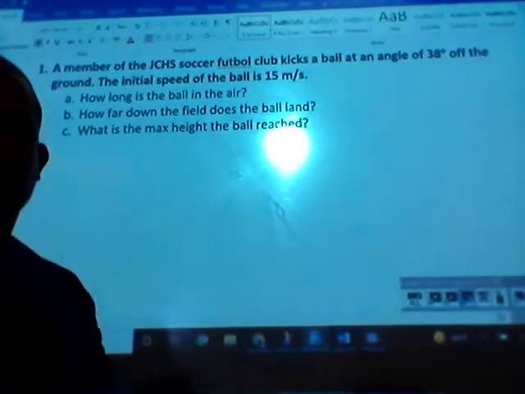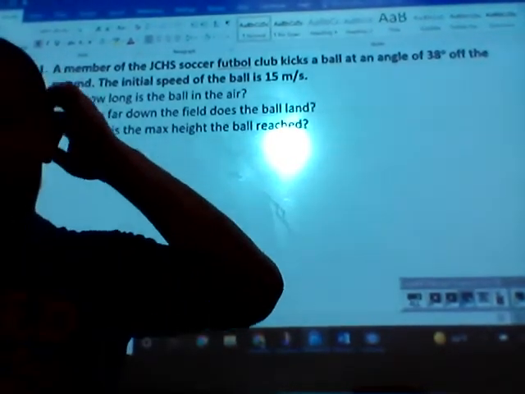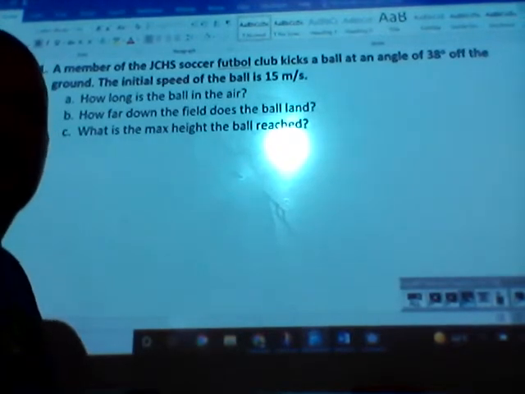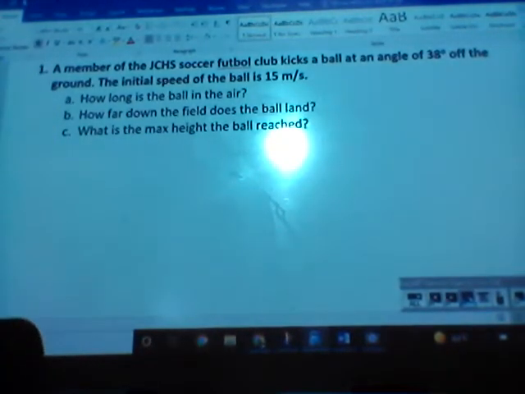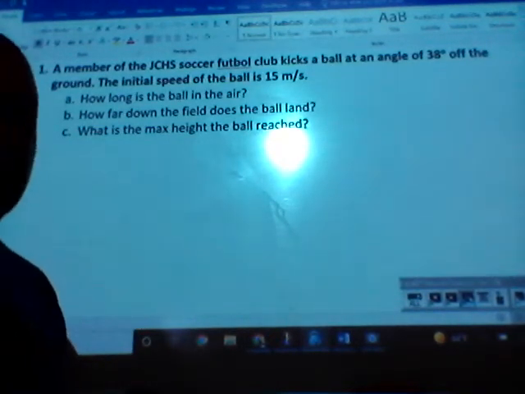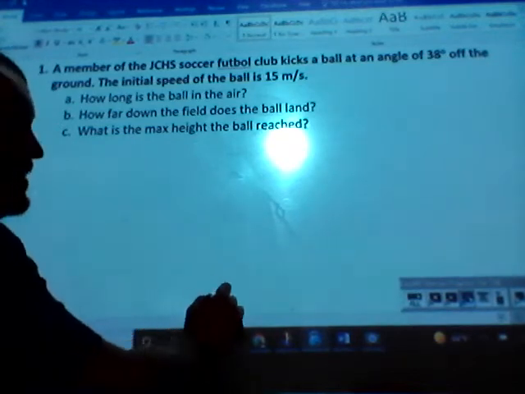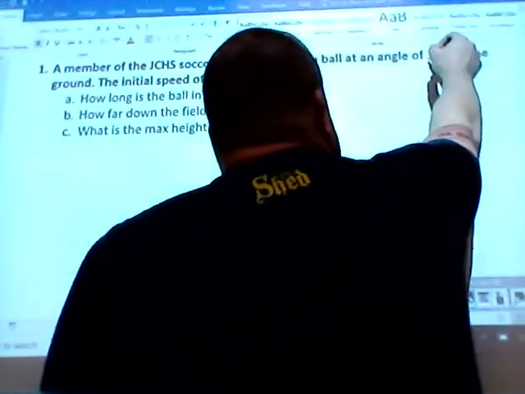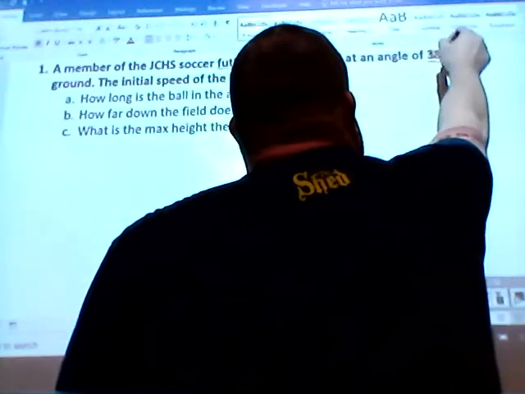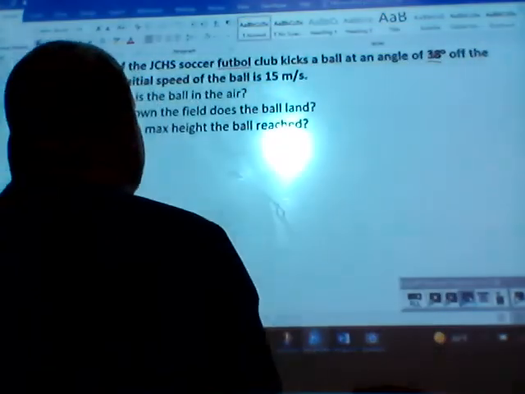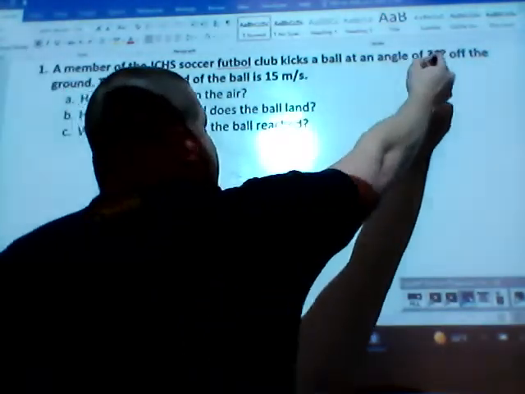All right, so this is the first problem. I don't know how well you can read this with the projector and the camera going, but what we got is a member of the JCH Soccer Football Club kicks at an angle of 38 degrees off the ground with an initial speed of 15 meters per second.